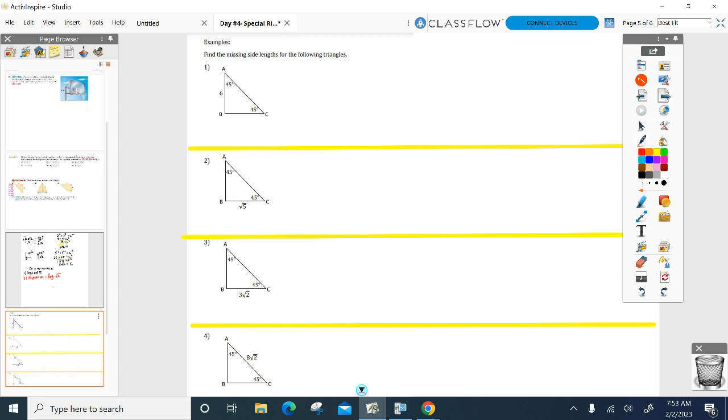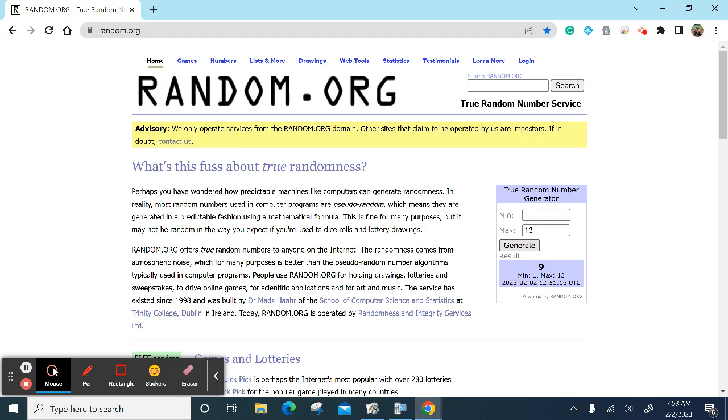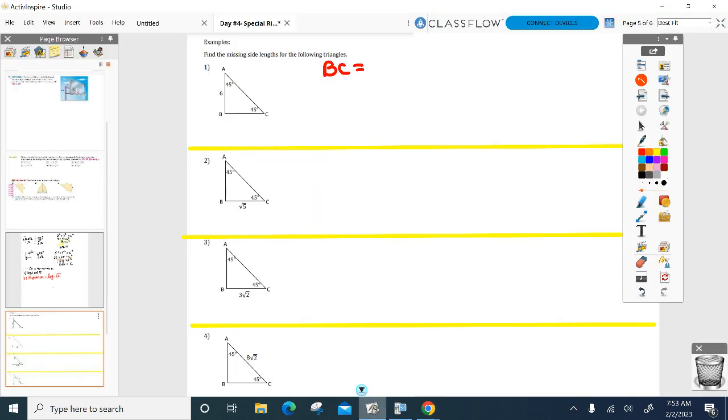So here we go. First thing, what is BC going to be here? 6. Done. BC is 6. Legs are congruent in a 45, 45, 90. Now let's go to AC. No Pythagorean theorem. If you don't want to, you can use it on the homework, but let's try not to use it. Let's use the rules instead.